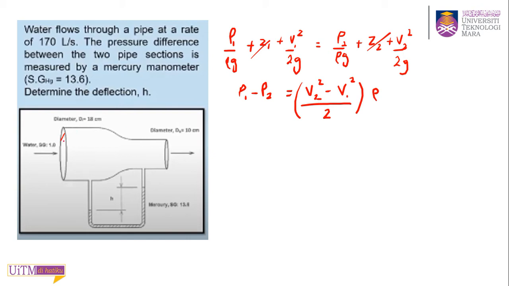And what else we know? Tadi kita tahu ada area A1 and we have A2 and we have Q kan. Jadi saya cakap dia apa? Q sama dengan 170 bagi 1000. This is 0.17 meter cube per second.